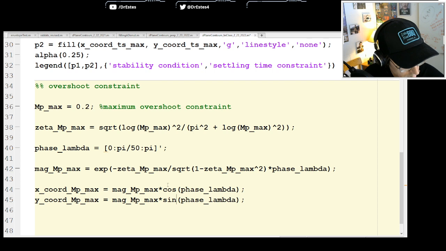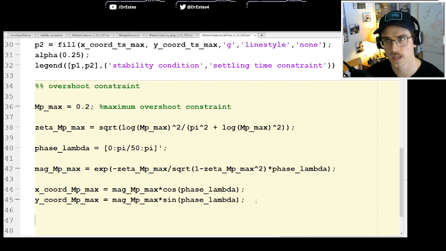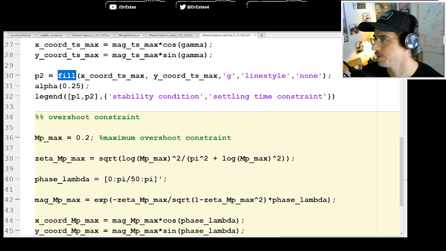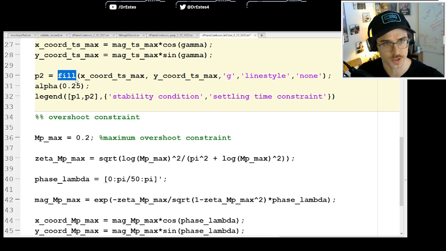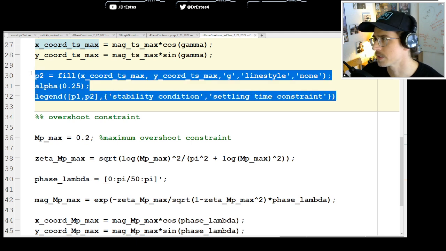All right, let's plot this. I showed you last time we're using this fill command because we're filling in these shapes. So let's copy this from our previous plotting.